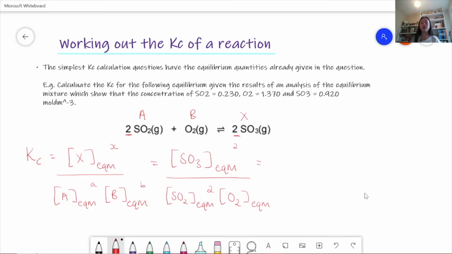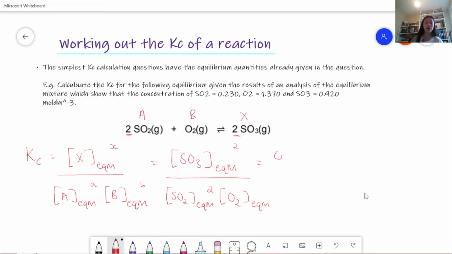So it's really important to remember that Kc measures the ratio with the products at the top, because if you did this fraction the other way around it wouldn't work. So using these values that they've given us for the equilibrium mixture concentrations, we can then work out Kc.